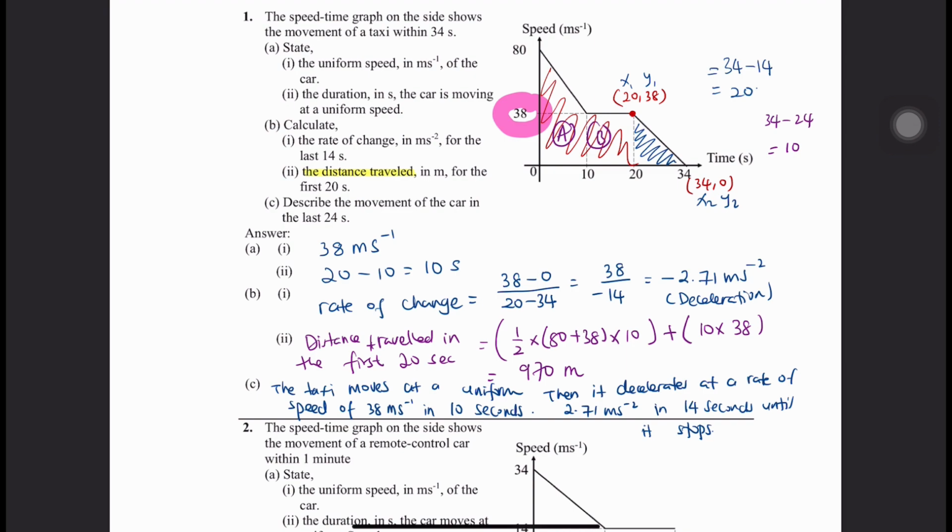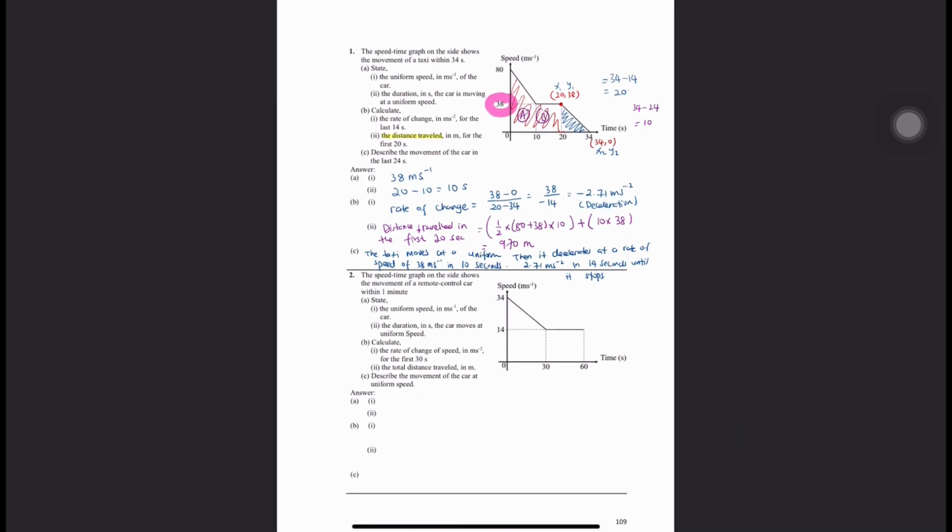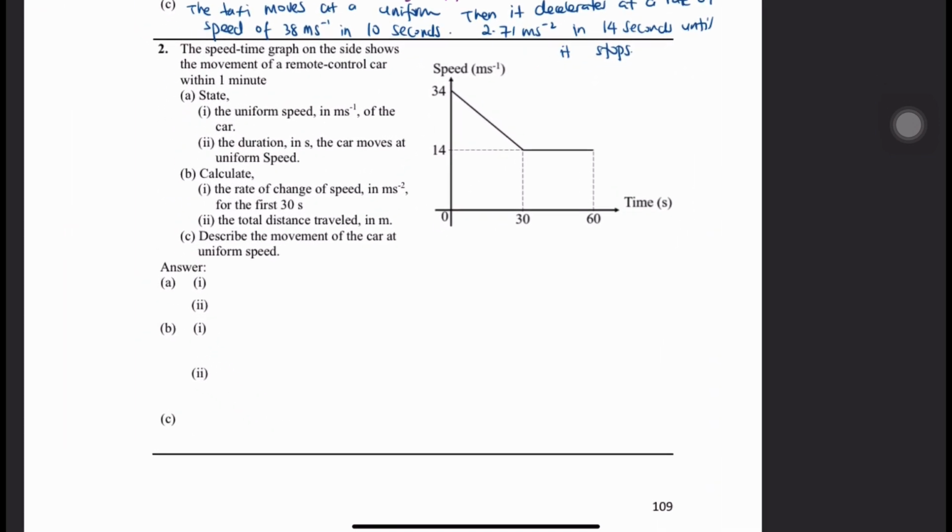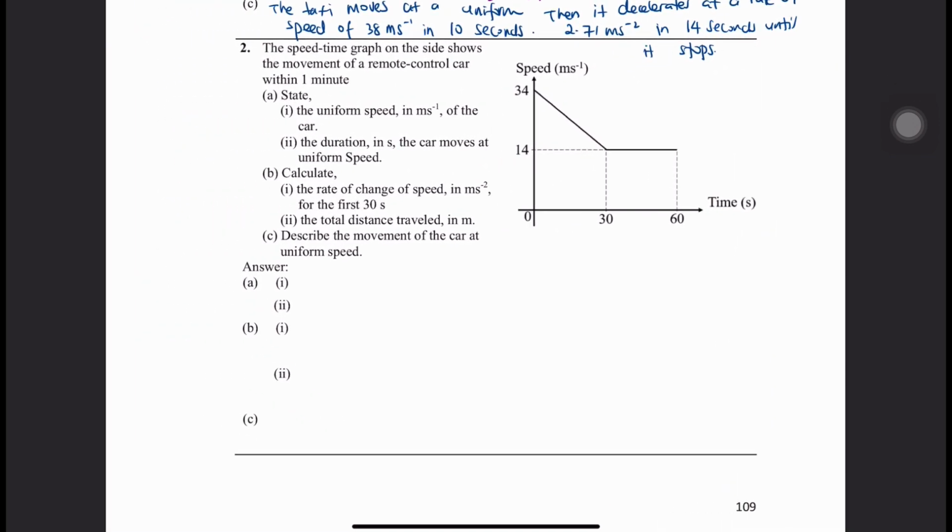Okay, next we try number 2. Okay, number 2. The speed time graph on the side shows the movement of a remote control car within 1 minute. Okay, state the uniform speed in meter per second of the car.